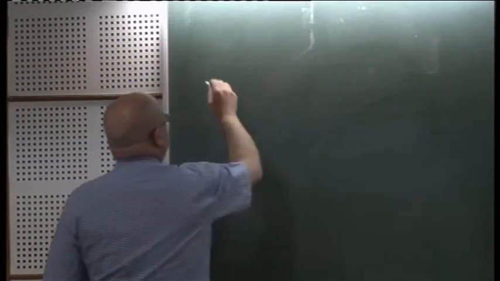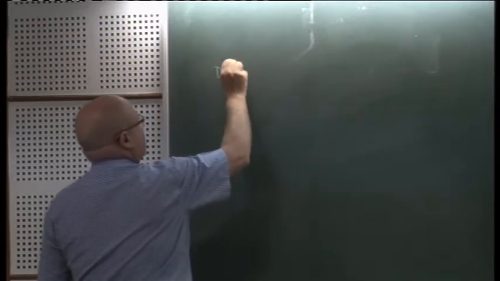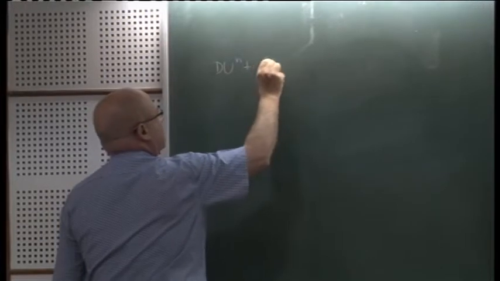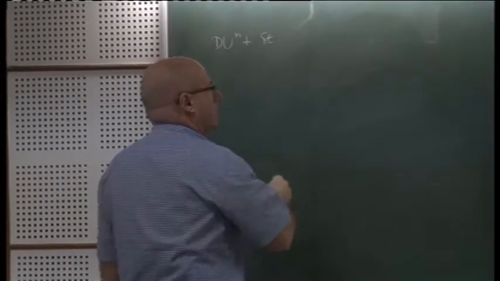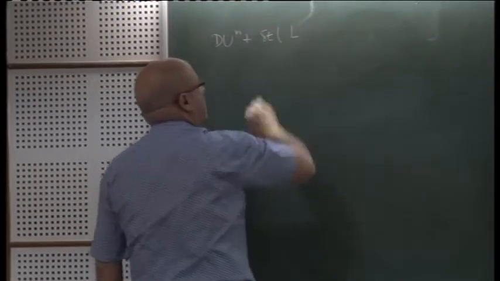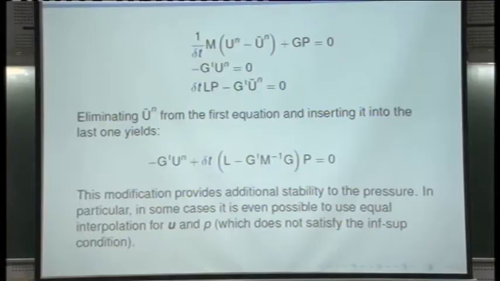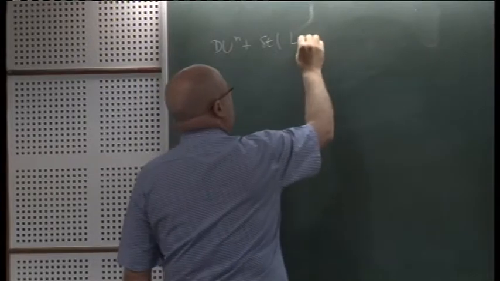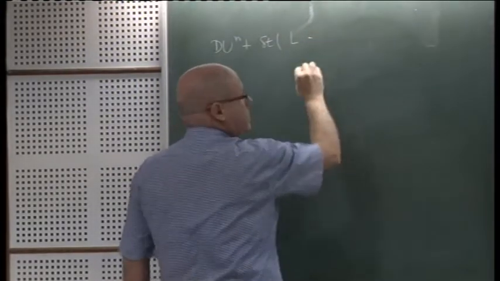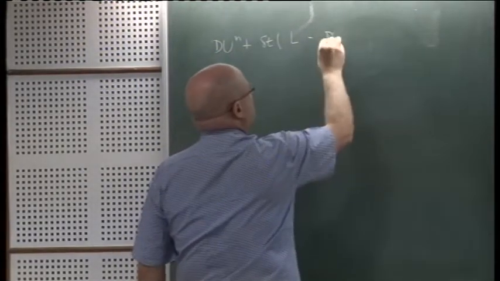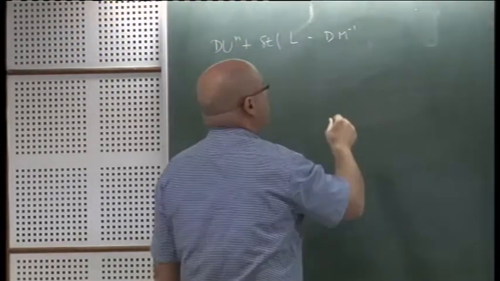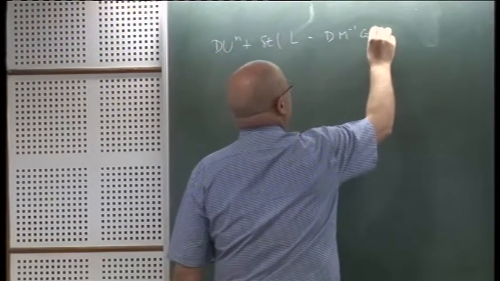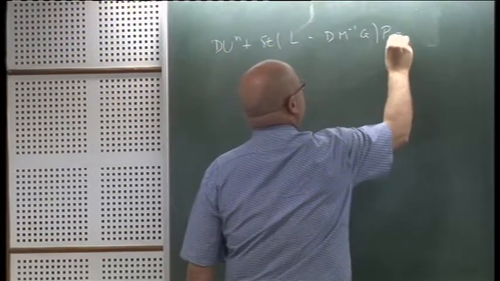So you see the equations I'm solving are divergence of u n plus 1 plus delta t. I prefer to write divergence rather than minus G transpose, times L. L is the matrix of minus the Laplacian, in fact. Minus divergence of M minus 1 gradient of p equal to 0.